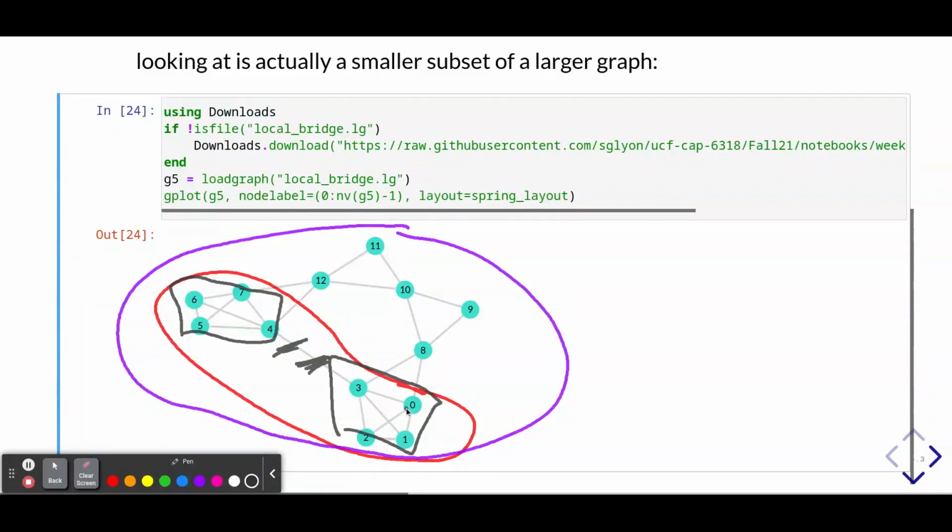Because now, if we wanted to go, say, from 0 to 7, there's a path. We can go 0, 8, 10, then 12, 12, 7. So just by gathering more data, we've now realized that what we thought was a bridge is not actually a bridge.